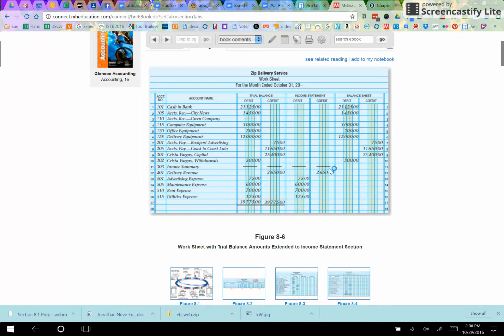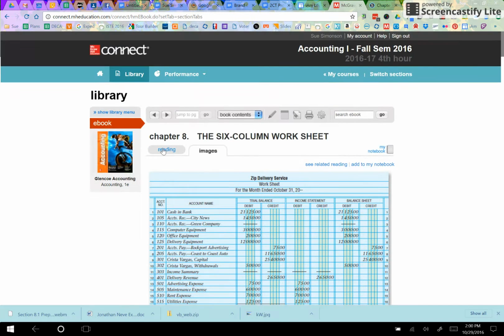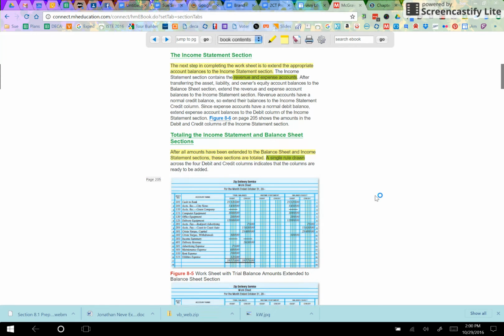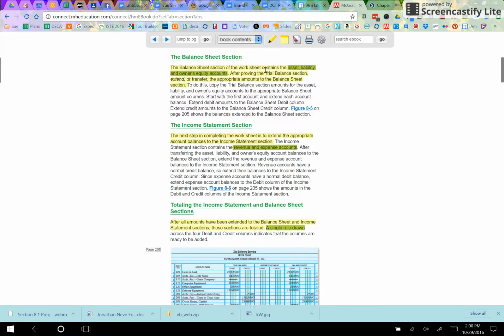Income summary, we're not going to worry about just yet. It comes into play in chapter 10, but we're just going to put some lines through it or zeros through that number. So we're extending those numbers across to the balance sheet or the income statement.